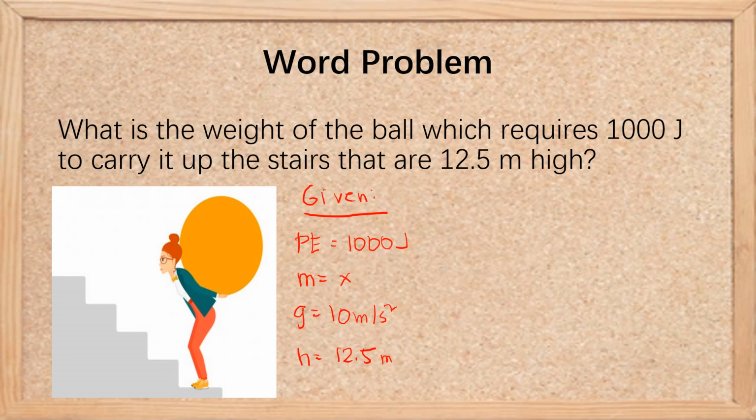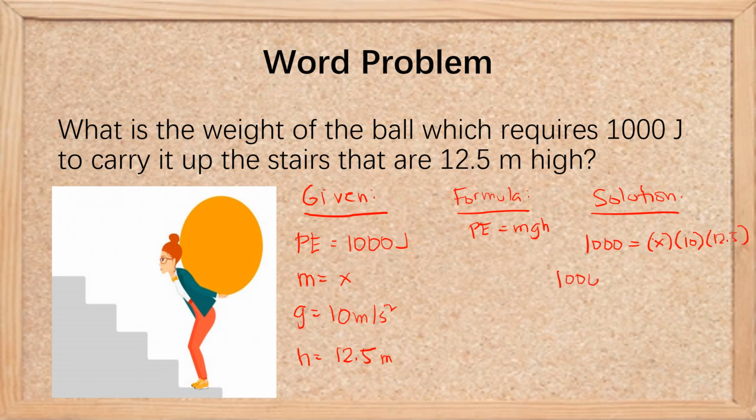Okay, so formula, we will just compute for PE is equal to M, G, and H. So what will be our solution? Potential energy here is 1000 is equal to mass, which is x, gravity, which is 10, multiplied by 12.5.